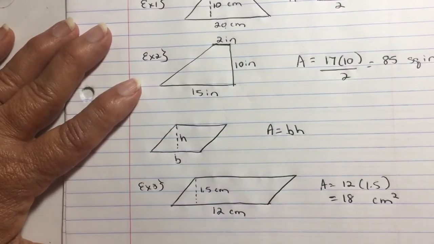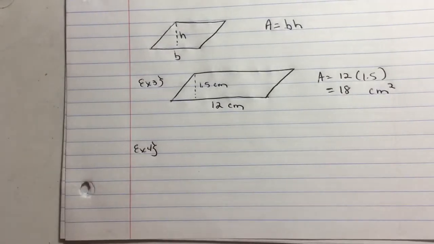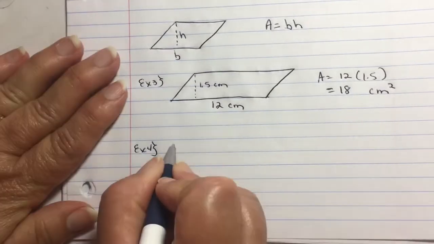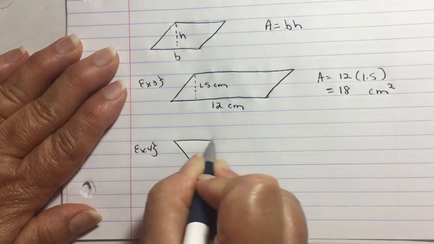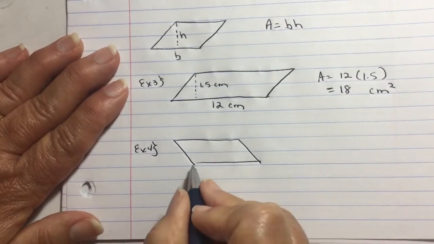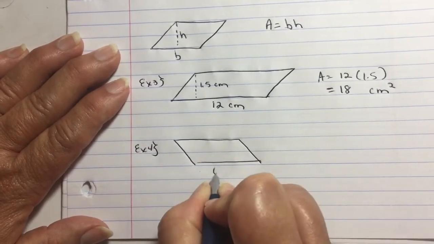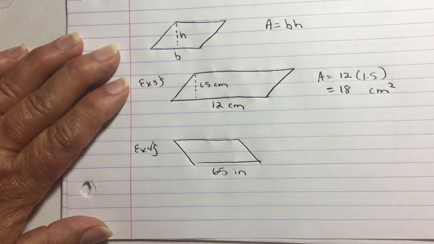All right, last one, example 4. I'm going to angle my parallelogram the other way because it really doesn't matter. Okay, in this case, let's make the base be pretty big, maybe 65 inches.